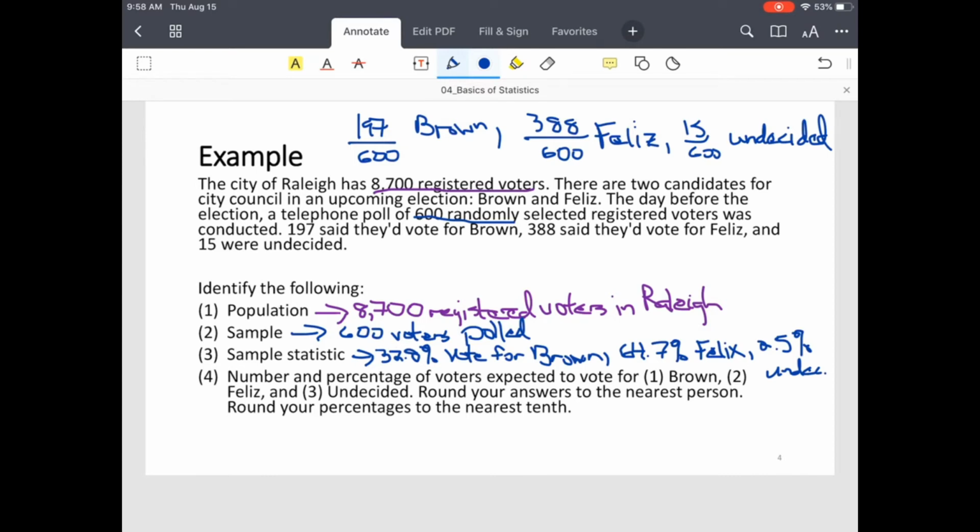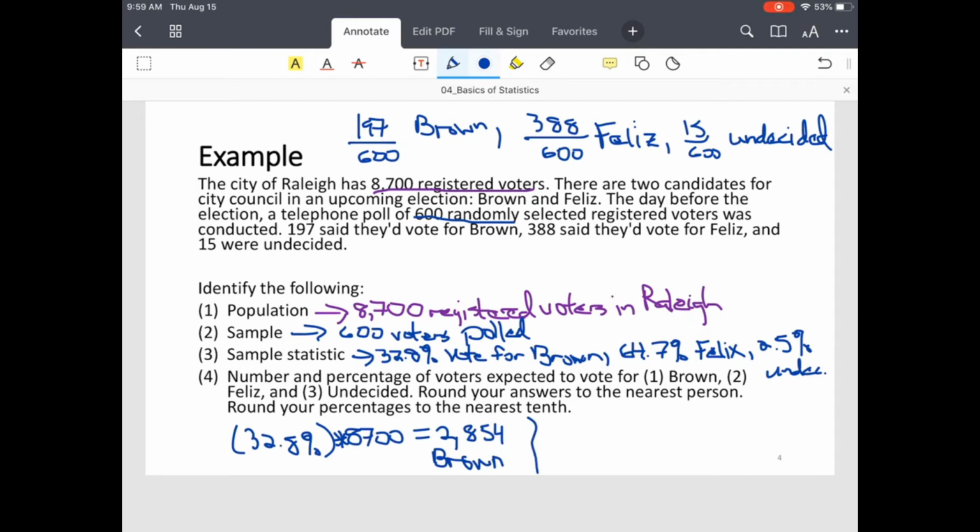All right, 4, all you're going to do is take these percentages, and we're going to say 32.8% times the 8,700 voters. And we get 2,854 voters for Brown. All right, then we go to Feliz.